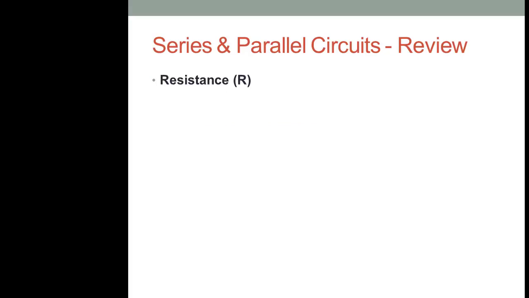Our third component is resistance, and this is represented with a capital R in the Ohm's law equation. And it's measured in ohms, and we show that with the Greek symbol omega. It is the ability to resist or prevent the flow of current. So if we have increased resistance, we're going to have a decrease in current, right?